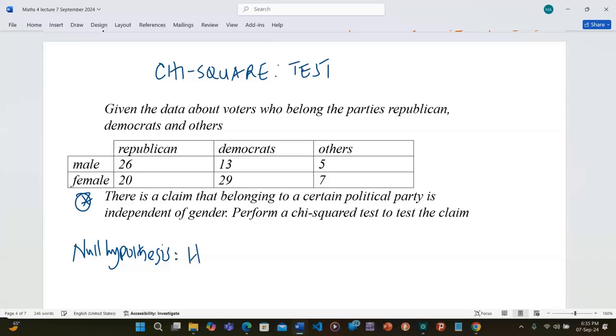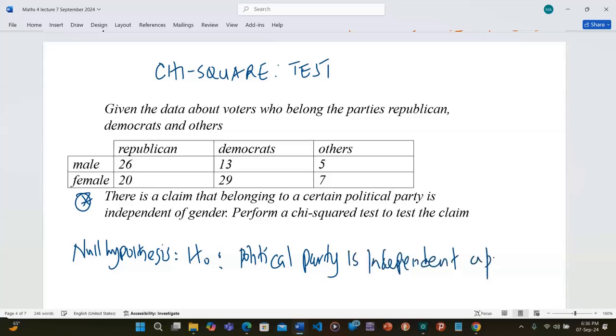Therefore, the null hypothesis, we can say that the political party is independent upon the gender.